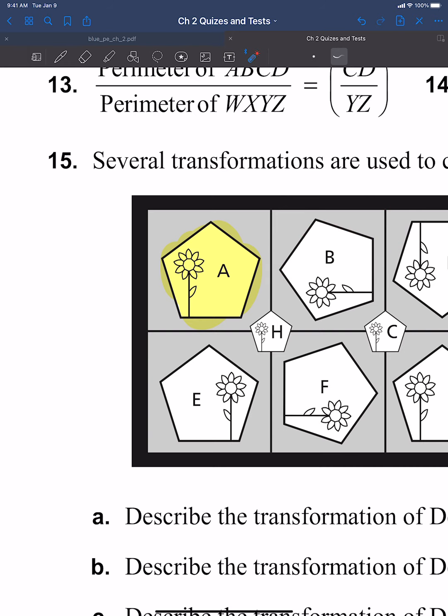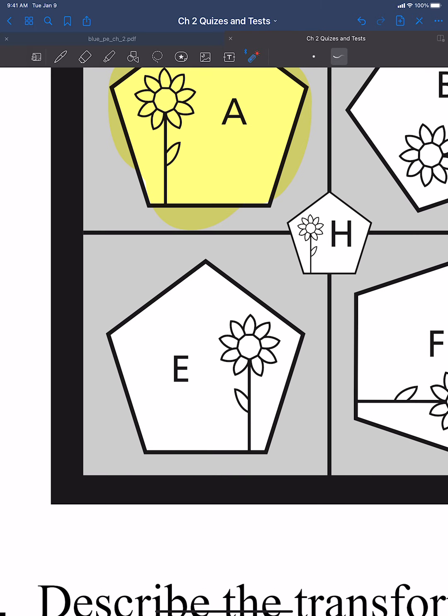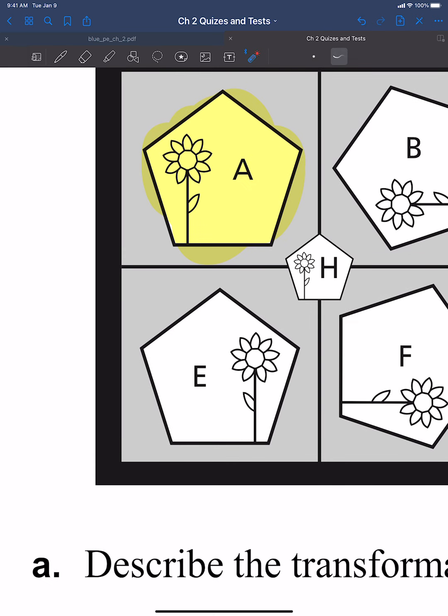It'd be something like that. F probably. Possible. Does E look like it could have rotated and then reflected? It's just a reflection. I think that's just a reflection if E was up here, right? Yeah. If they were on the same level.